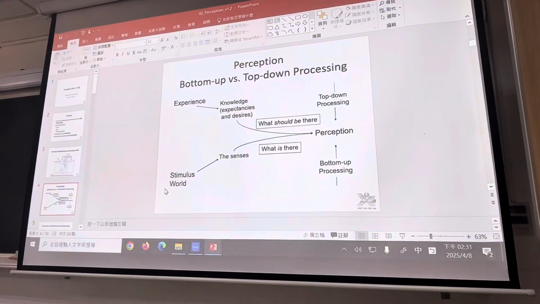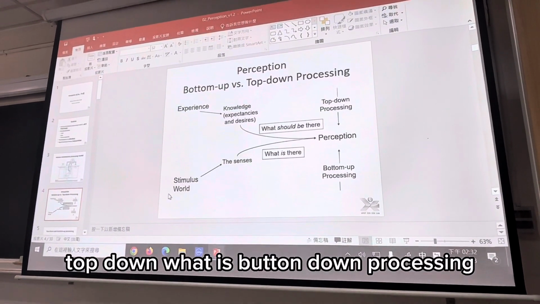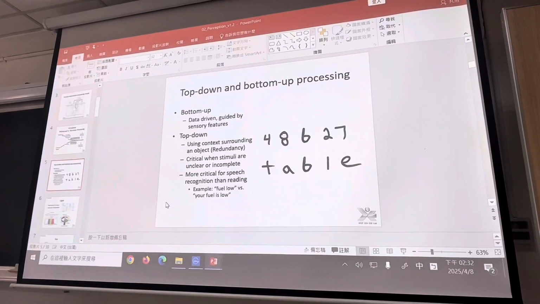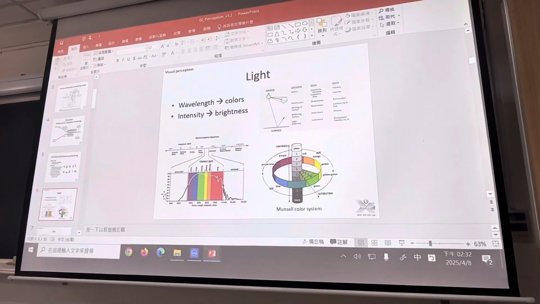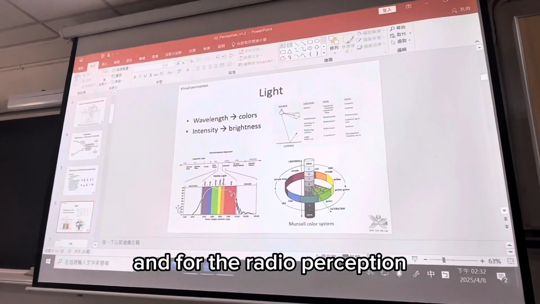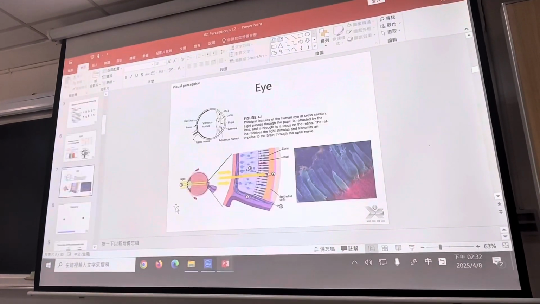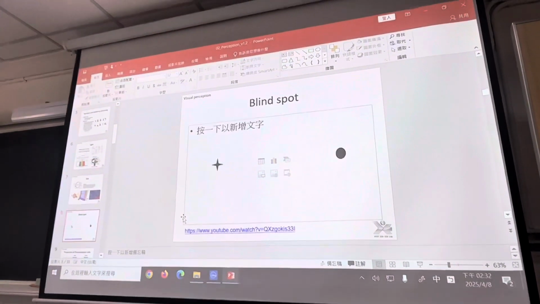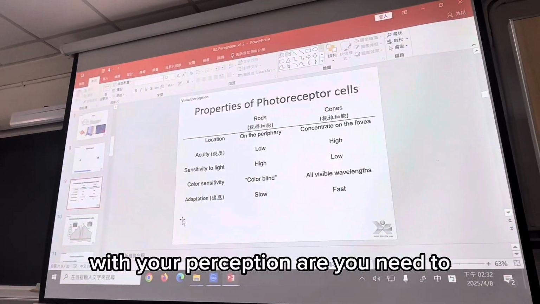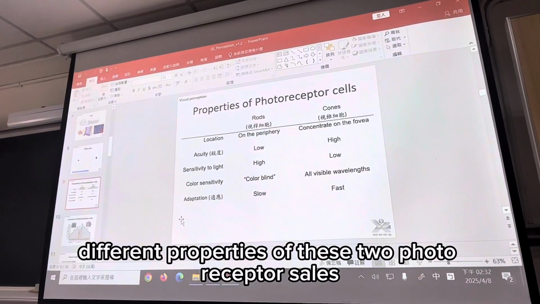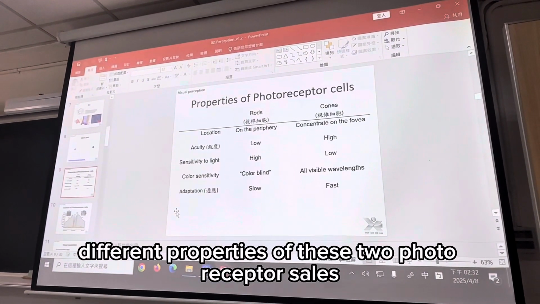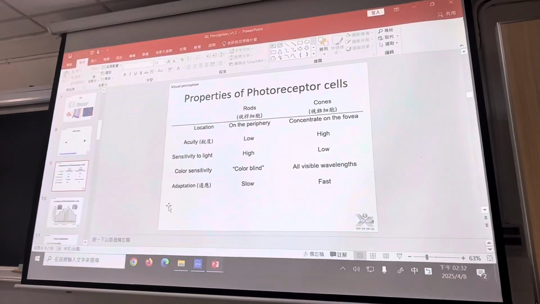Okay, you need to know what is top-down and what is bottom-up processing. And for visual perception, you need to know different properties of these two photoreceptor cells.